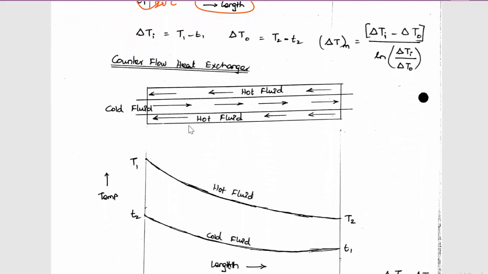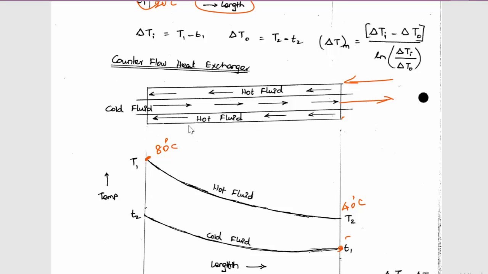Similarly, in a counter flow heat exchanger, the cold fluid may be flowing in this direction and the hot fluid may flow in the opposite direction. The hot fluid enters here and the cold fluid enters here, right? So if the hot fluid temperature is maybe 80 degrees Celsius, the exit temperature of the hot fluid may be 40 degrees Celsius. Similarly, the cold fluid enters from this direction.